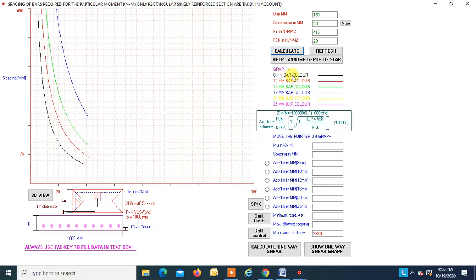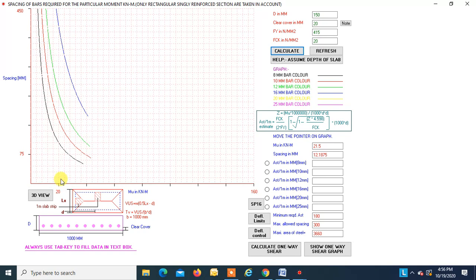When you use 8 mm bar, then the graphical representation of moment to the spacing of the bar is shown over here, right? 10 mm is the red graph, and the green graph is for 12 mm, and the blue graph is for 16 mm.